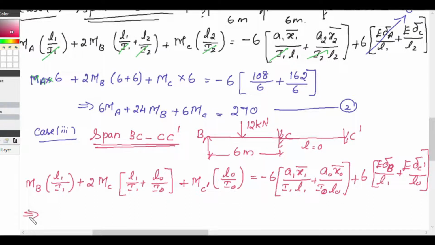From this we can remove all the I, all the I get cancelled because everywhere there is I. So MB, L1 is 6, we get 6 MB plus 2 times MC into (L1 plus L0), L0 is 0, it is an imaginary span, so L1 is 6.